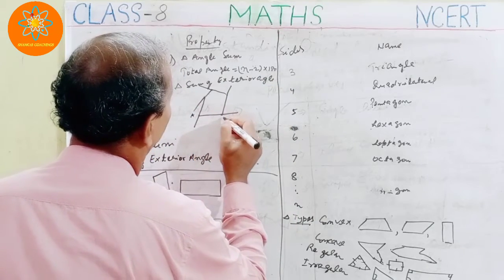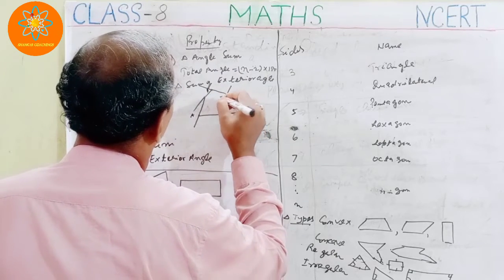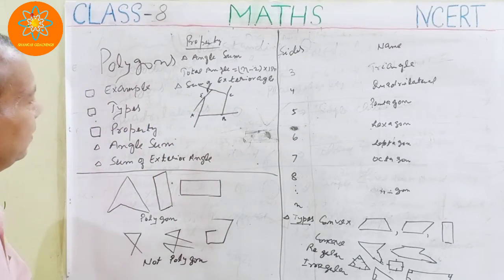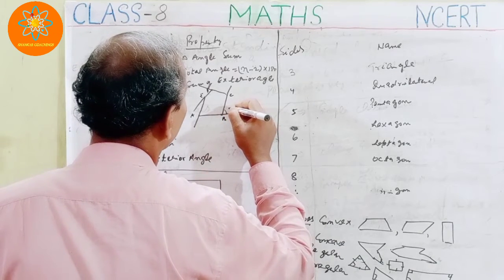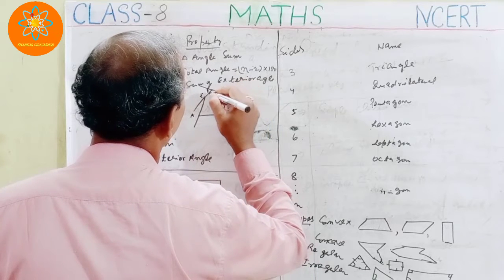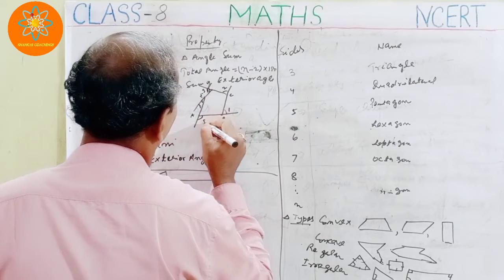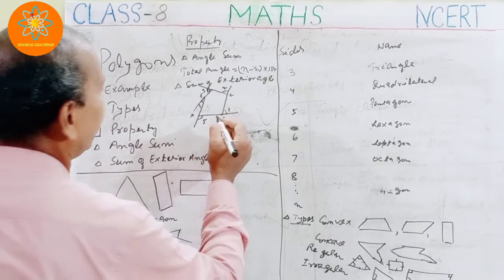Let's suppose this is A, this is B, this is C, this is D, and this is E. So A, B, C, D, E is like this. And I want to know the sum of this. This is 1, this is 2, this is 3, this is 4, and lastly we have the 5. I want to know the sum of exterior angles in a polygon. So see, I am starting from here.